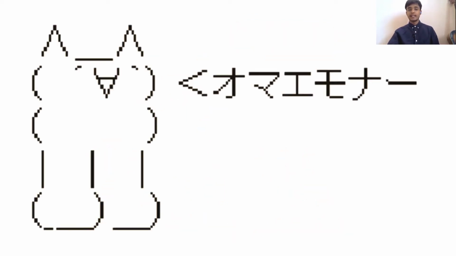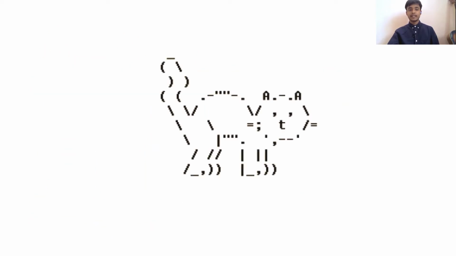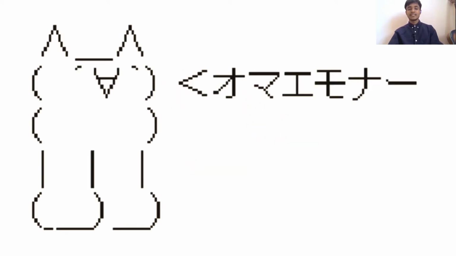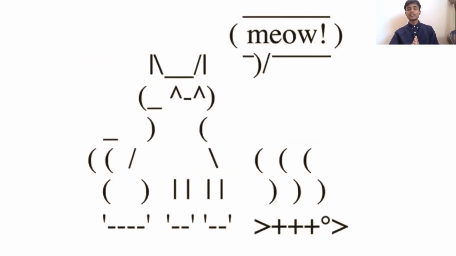Like this cat, another cat, and another cat. These are all ASCII art because they are made using only text characters. And in the same way, we will make some ASCII art inside Python using only text characters. So come again to the terminal.